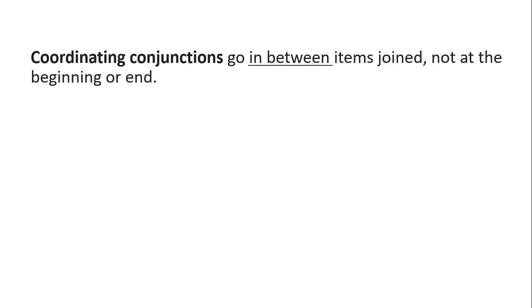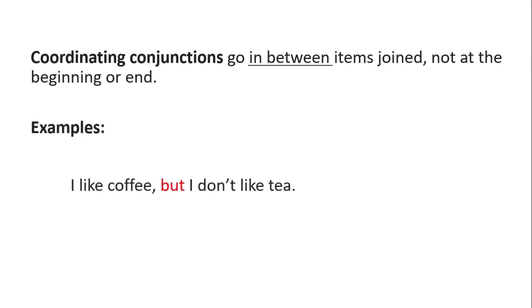Coordinating conjunctions go in between items joined, not at the beginning or end. We can say in simple words, coordinating conjunctions are used between items, neither at the start of the sentence nor at the end of the sentence. Examples: I like coffee, but I don't like tea.